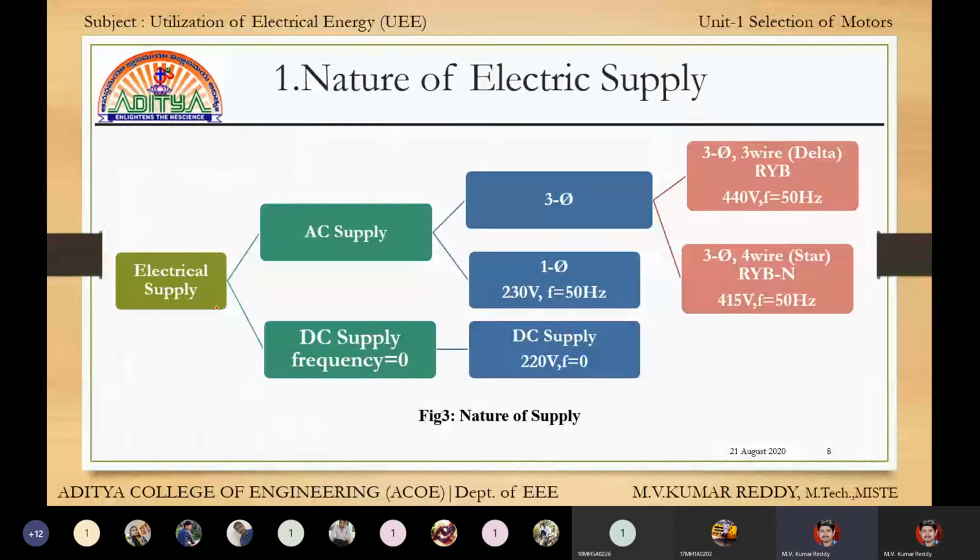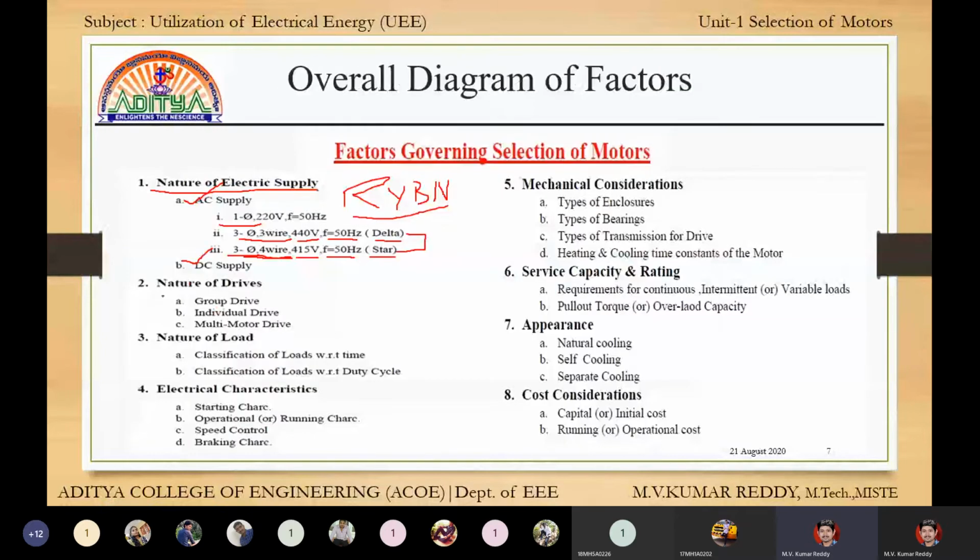Okay, next, second one, nature of drives. Subtopics are group drives, individual drives, multi-motor drives. These are the types of drives. We have different types of classifications. Nature of drives are classified into other categories also, but depending upon motors.